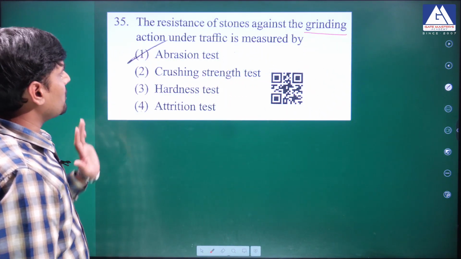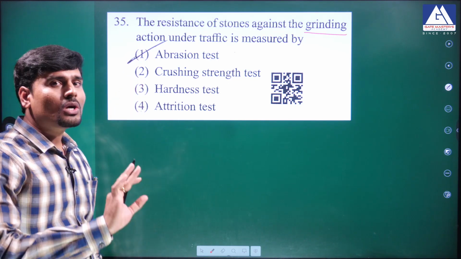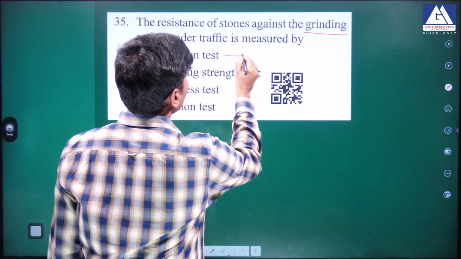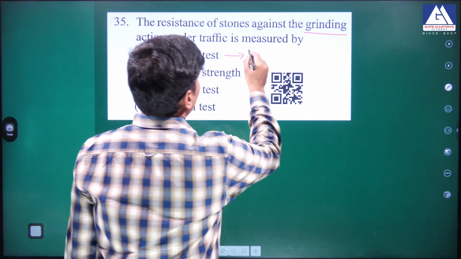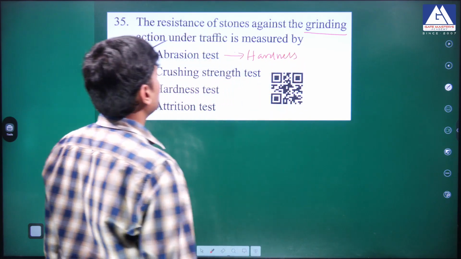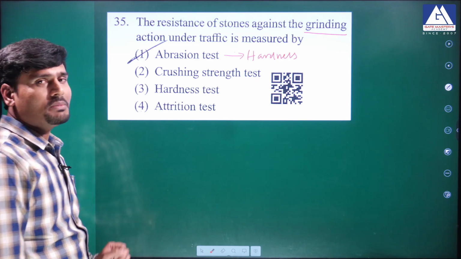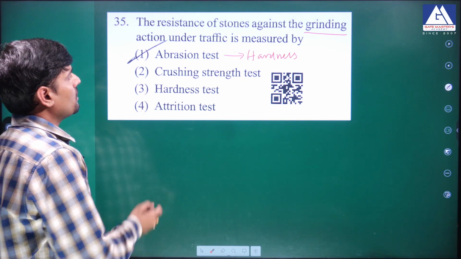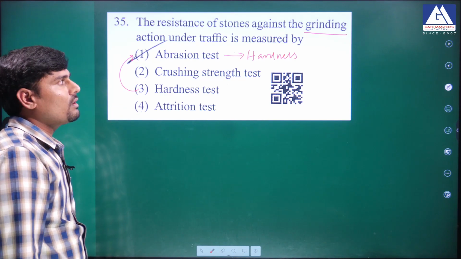In any of these first three tests, the material is not going to be ground. In abrasion, it can only be verified for the hardness, how hard the material is, whereas in the crushing strength test, we can only measure the compressive strength of the material. But option 3 is also linked to option 1.